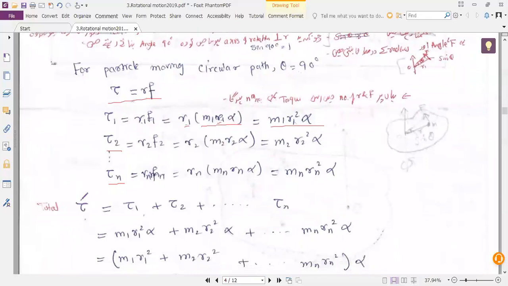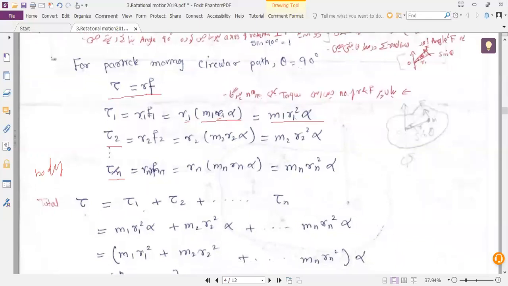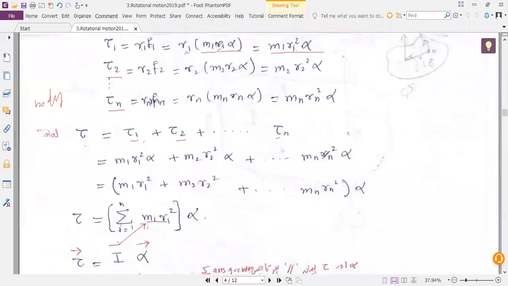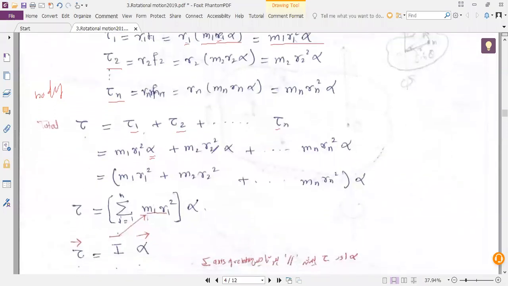Now what we have to calculate? The full body torque. So how to calculate full body torque? We are adding each particle torque, torque 1, torque 2 and torque n. Now we are adding each value. What is common in this equation? Alpha. So take alpha outside. The remaining part is the same, M1 R1 square going in order.